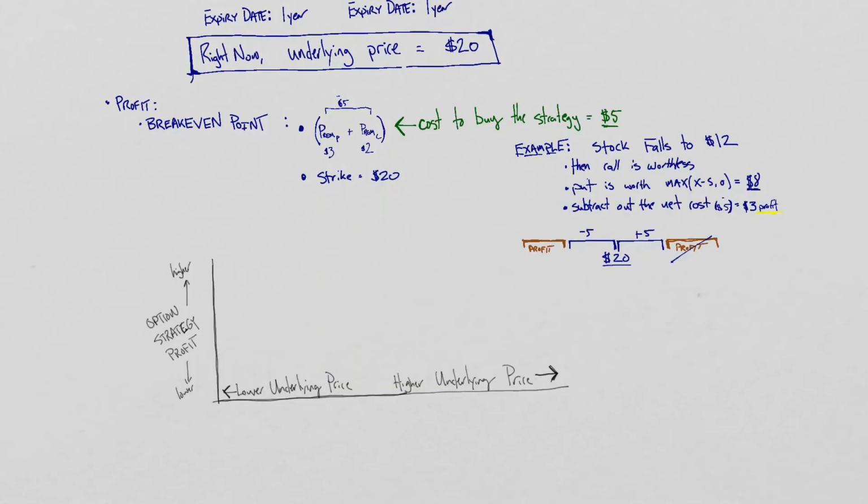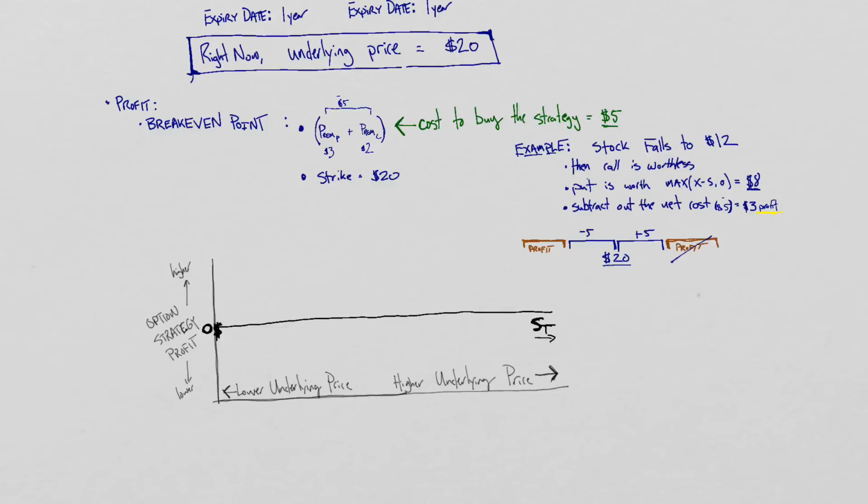And so the payoff diagram for something like that is actually a little unusual relative to the payoff diagrams that we've seen. The option strategy profit is shown here on the y-axis, as the underlying goes from 0 to increasing in value.